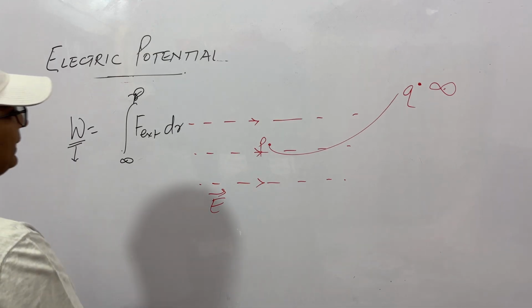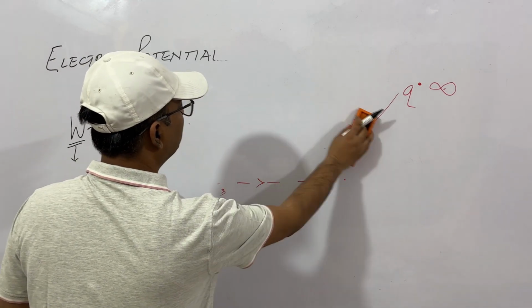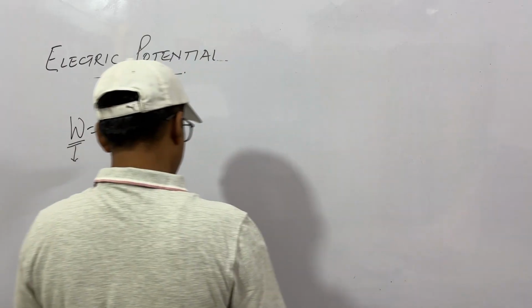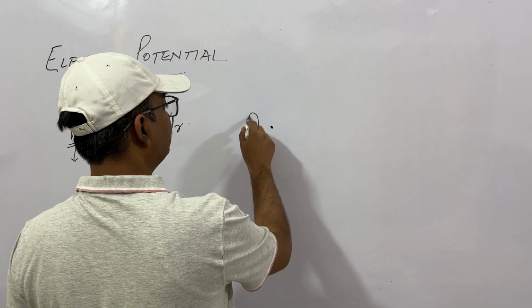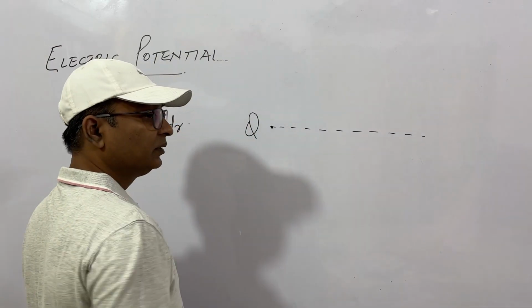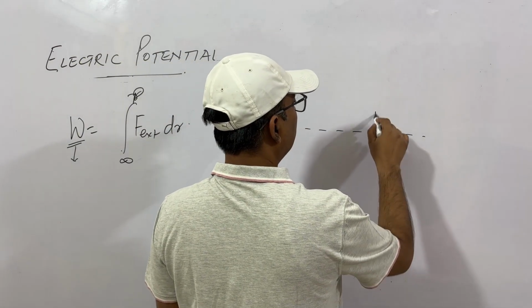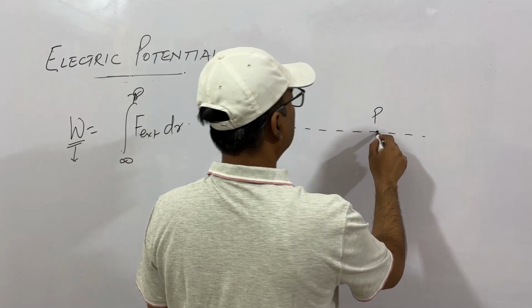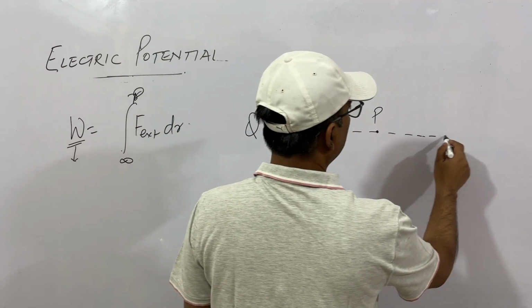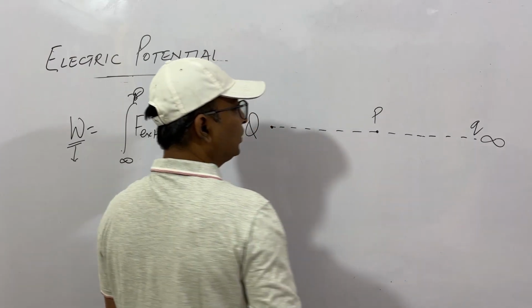Now, instead of an external electric field, you can also say we have a charge Q, because of which we'll have force and an electric field. This is point P. What is the work done in bringing a small charge q from infinity to this point?